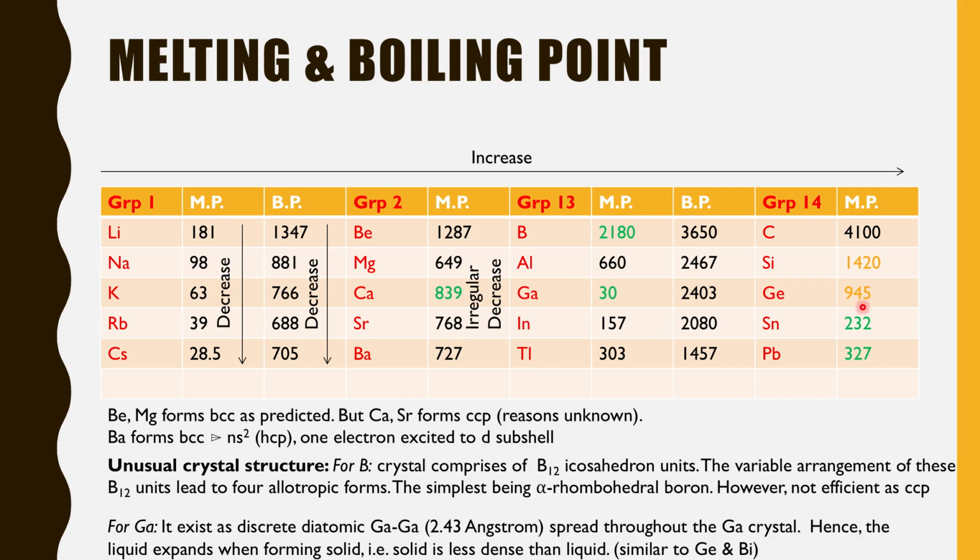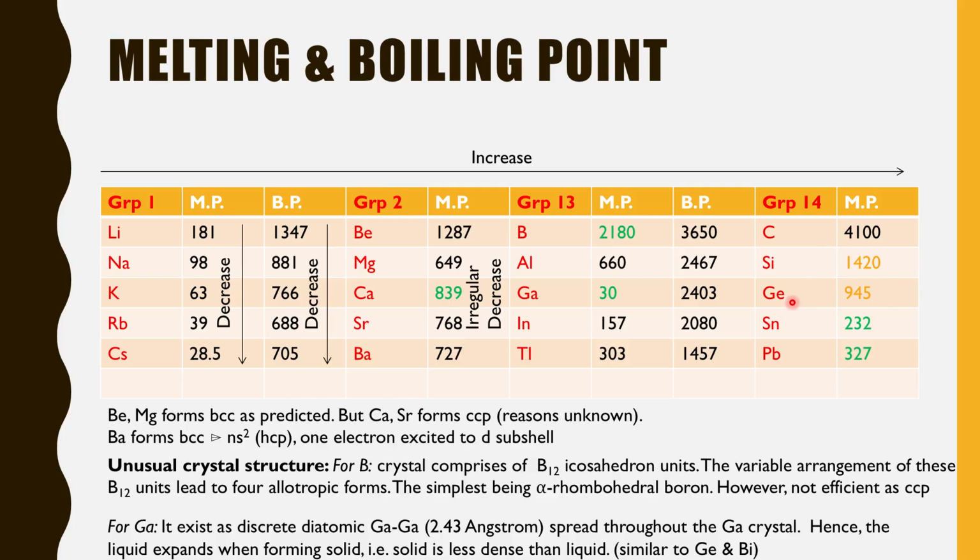Now let us go to the 14th group elements. What you find is that if you see the trend, there is a decrease happening as you move down the group. But still, what you find here is a pretty high melting point in the case of silicon and germanium.